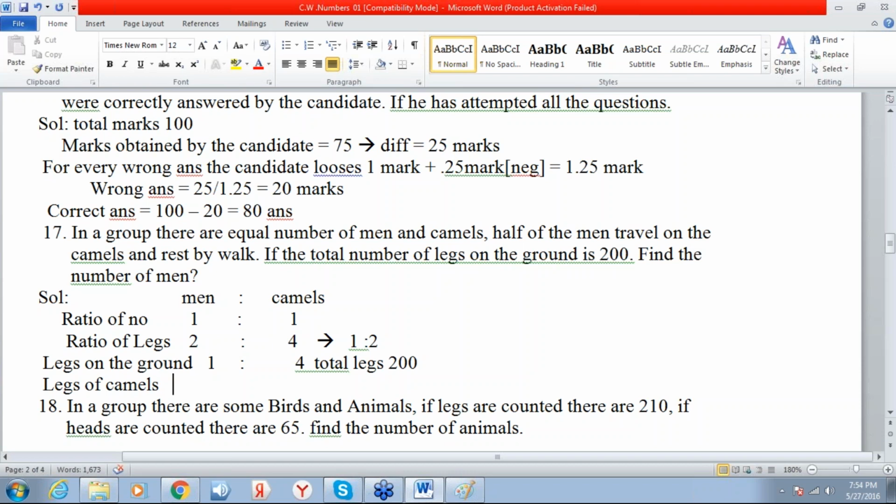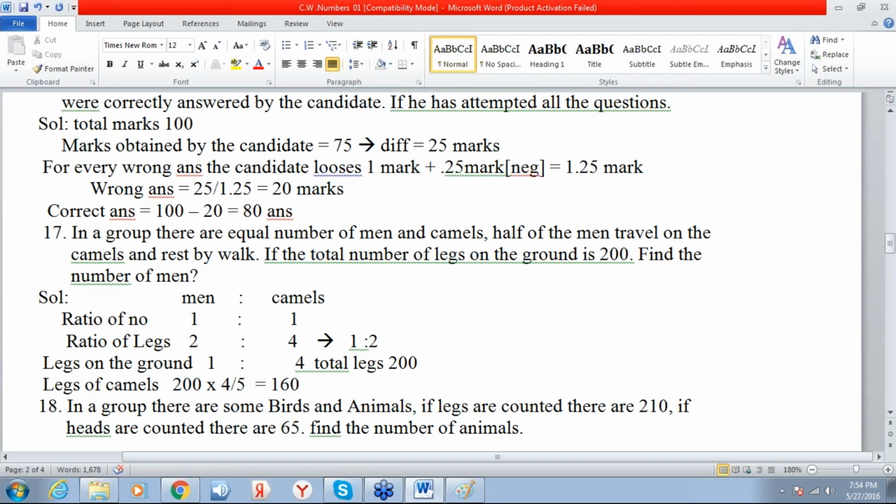To find the legs of camels, what we should do? 4/5 into 200. You can do it. As the ratio of camels is 4, 4/5 into 200 is equal to 160. 4/5 of 200 is 160.